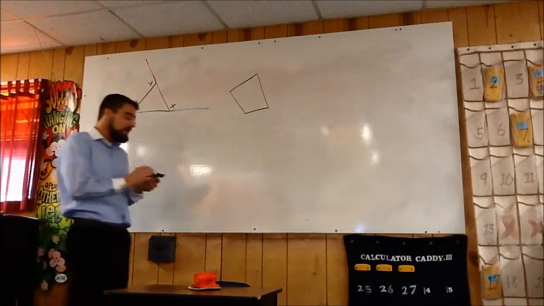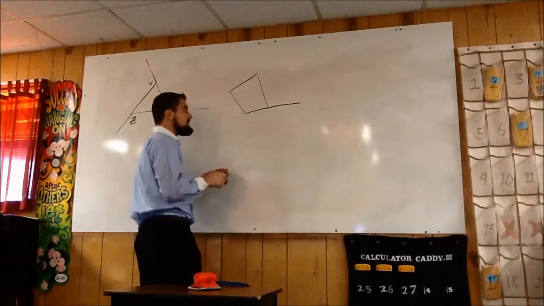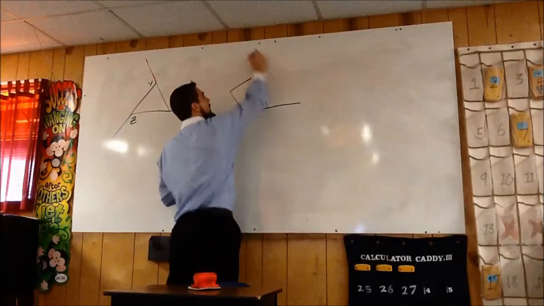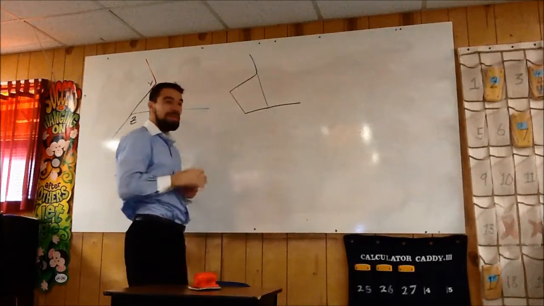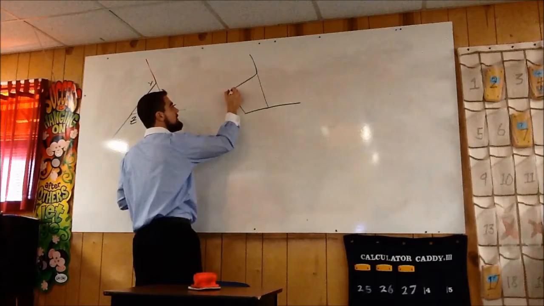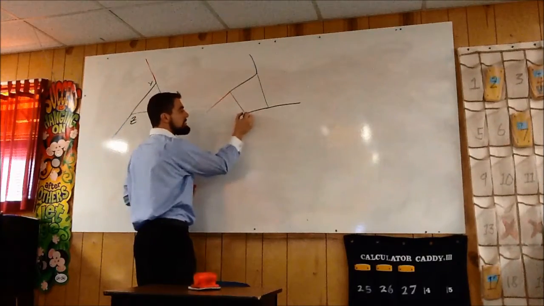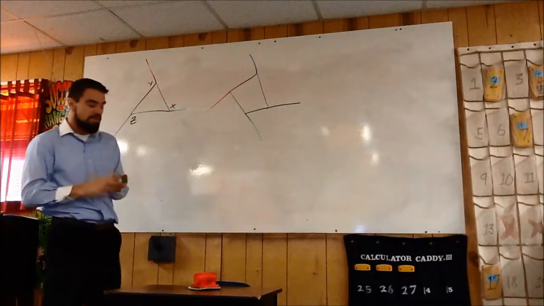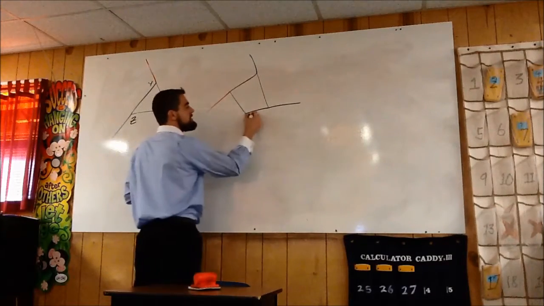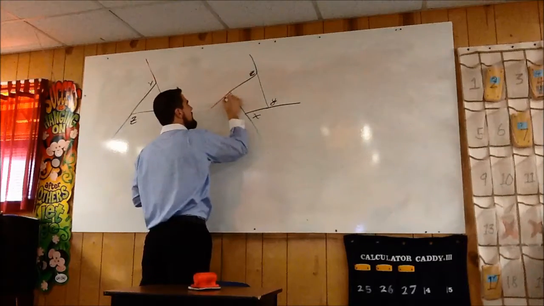Same thing with the quadrilateral. If I wanted to, I could create the 4 exterior angles. I'm going to keep extending them in the same way. You can only extend each side once. So there are my 4 exterior angles, and I'll call them X, Y, Z, W.